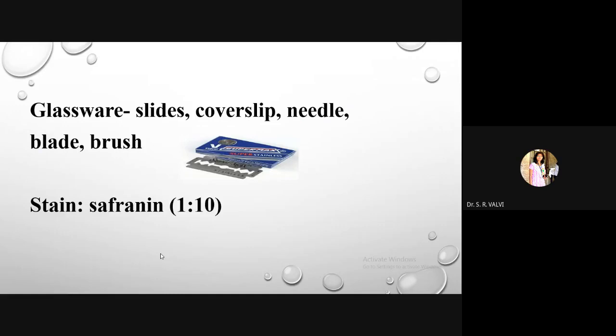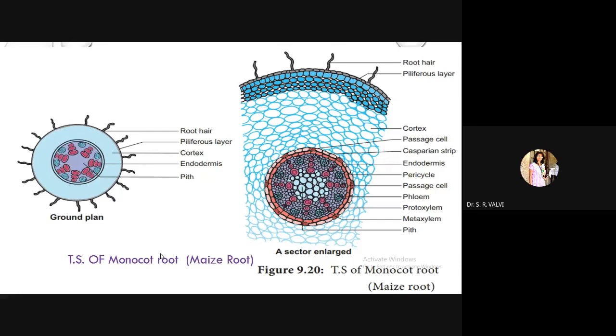If you use it as it is, the whole section, right from the epidermis towards the center, is going to become dark. In order to avoid such mistakes, you have to remember the proportion and make this stain in a proper manner. Next I will explain the anatomical structure of root, stem and leaf of both these dicot and monocot plants.